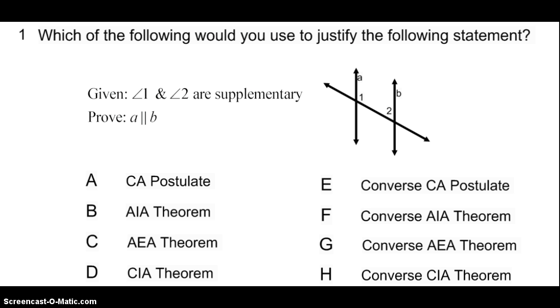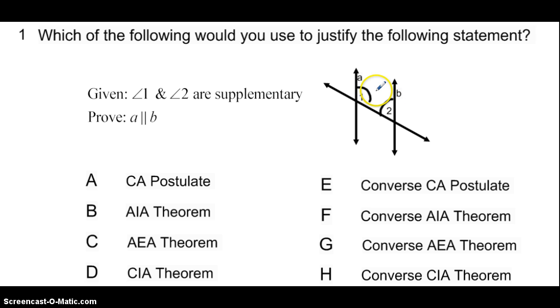So here I just have an example for you, or actually two examples, to see how you know when to use the postulates or theorems, or how you know when to use the converses. So let's say that we're given angle 1 and angle 2 are supplementary. If we look at angle 1 and angle 2, we can see that those are consecutive interior angles. We are given that they're supplementary. So think about that conditional.